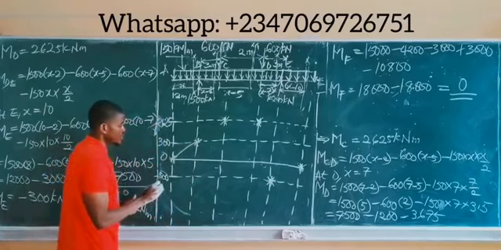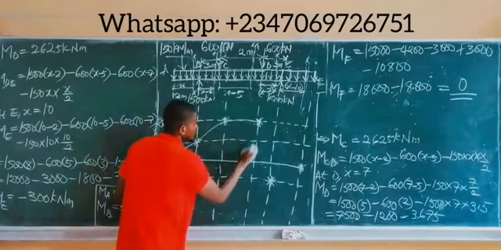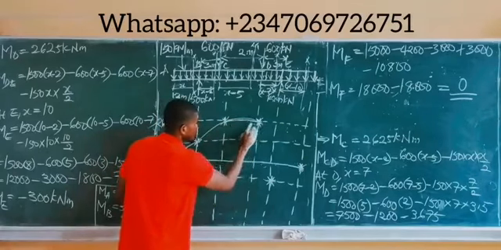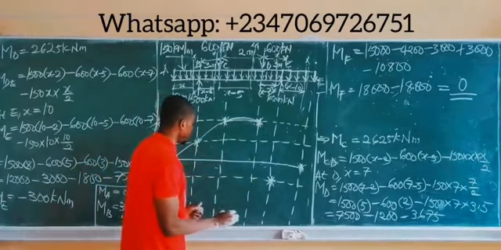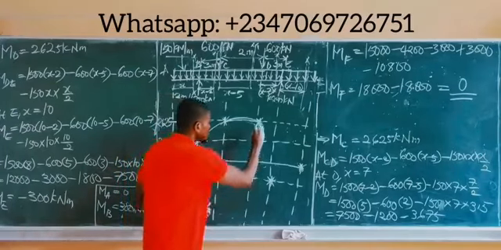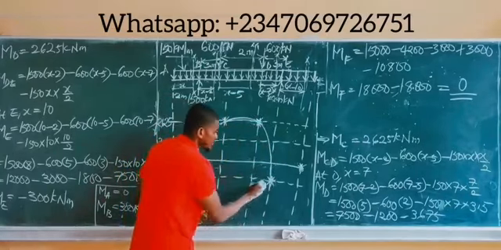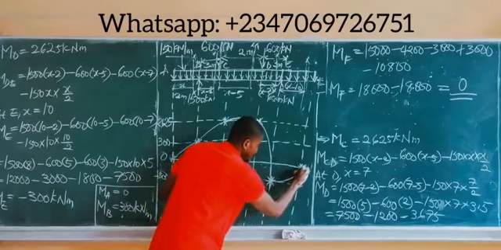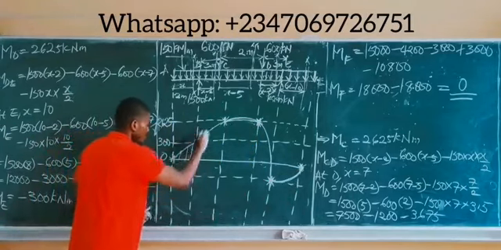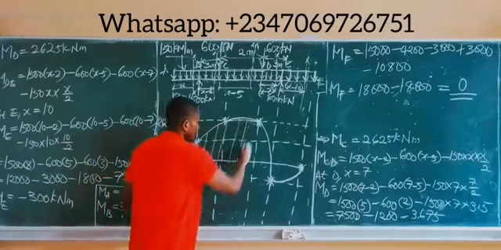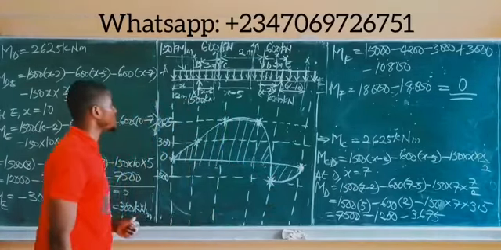We move from point A to point B, and then from point B to point C, which maintains to point D, and then down to point E, and then down to point F. Alright, so this is your bending moment diagram. You may wish to shade if you want to.